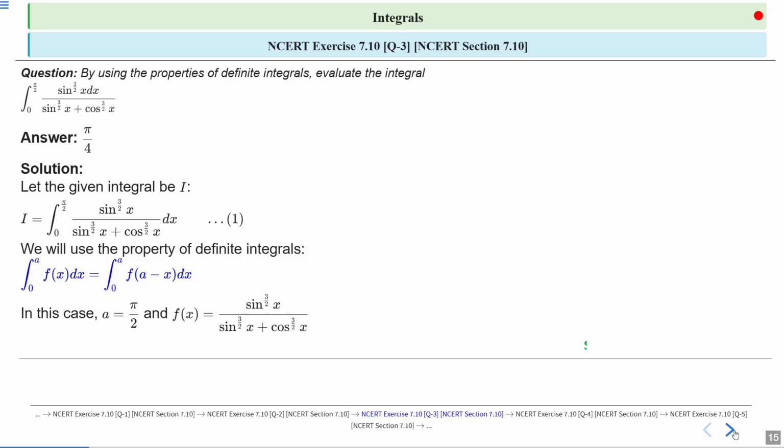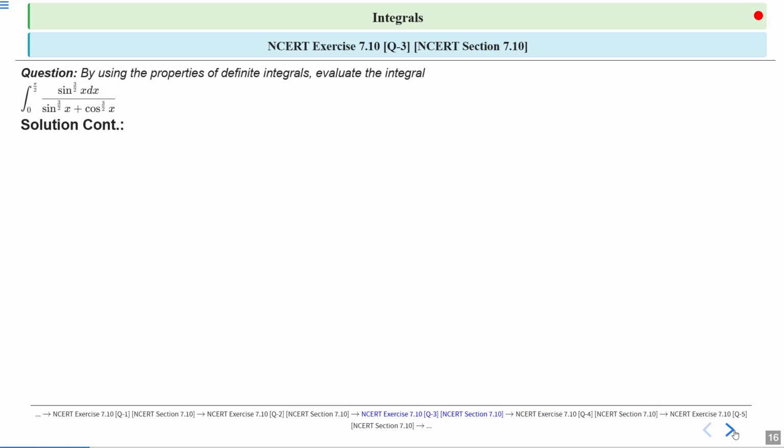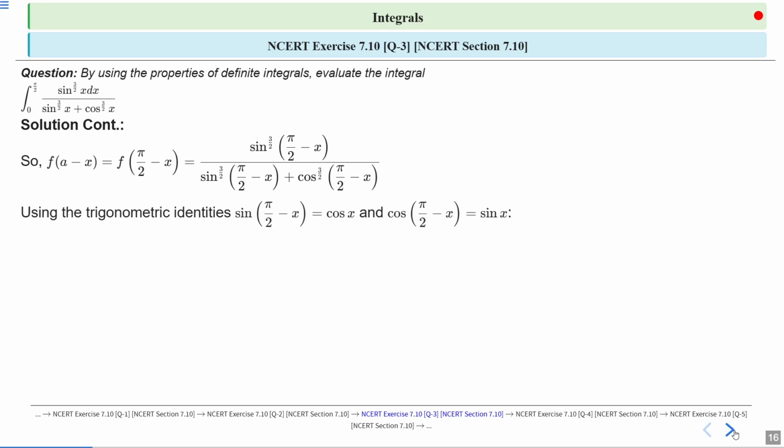So when we find the value of f(a minus x), that is f(pi by 2 minus x), my expression becomes, since sin(pi by 2 minus x) is cos x and cos(pi by 2 minus x) is sin x, we get cos^(3/2)x by cos^(3/2)x plus sin^(3/2)x dx. Okay, and so we get another equation for I, and let's consider it as equation number 2.